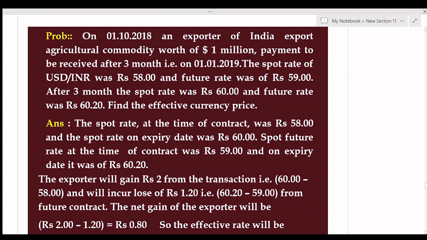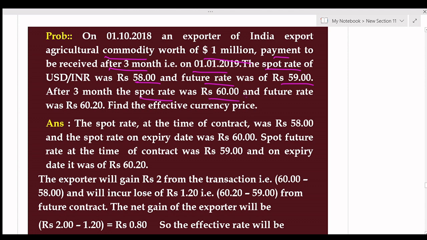On 1/10/2018, an exporter of India exports an agriculture commodity worth $1 million, with payment to be received after 3 months, on 1/1/2019. The spot rate of USD INR was rupees 58 per dollar and the future rate was rupees 59 per dollar. After 3 months, the spot rate was rupees 60 per dollar.